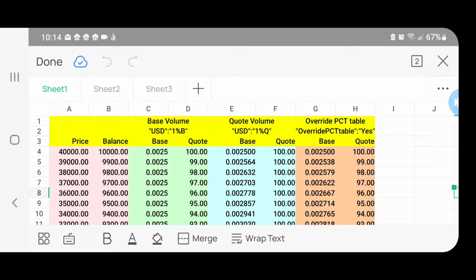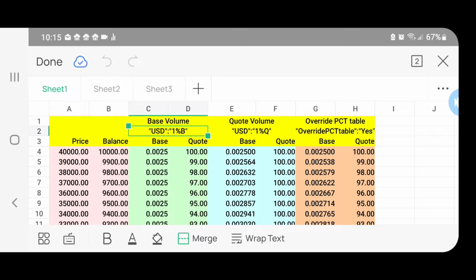Now you see on C2, USD with a 1% B. This is what you would use within your order connections or order payload to specifically reference base volume usage. Now this is the default, so if you leave the B off, the system automatically assumes its previous behavior.